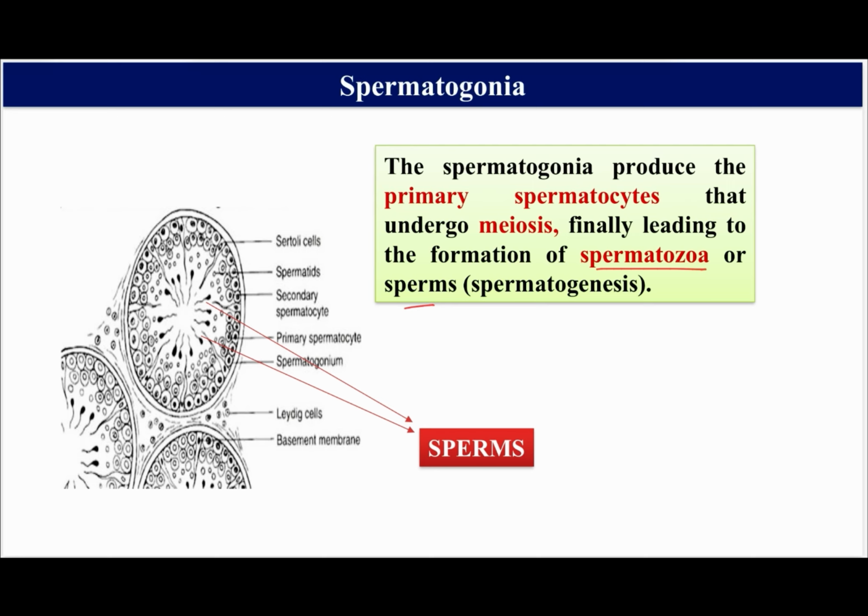Spermatogonia are 2N, whereas spermatozoa or sperm are N, or haploid, but spermatogonia are 2N, or diploid cells.